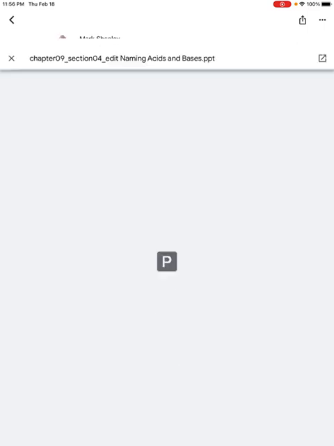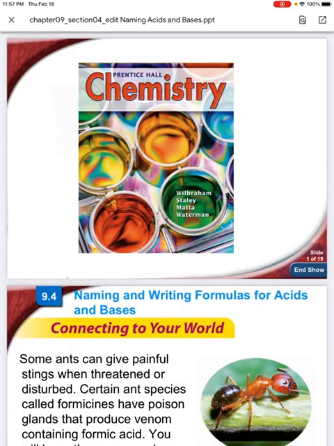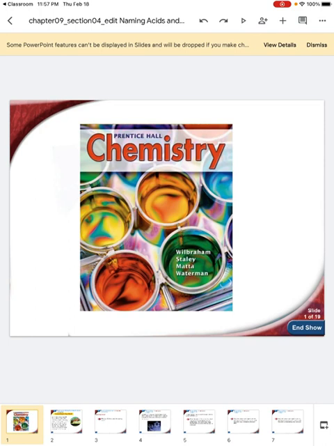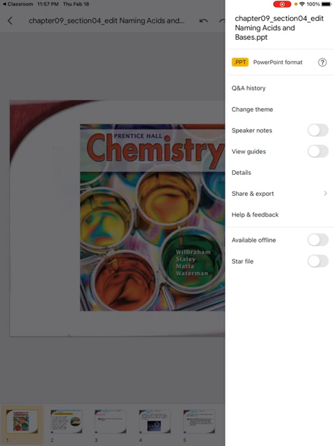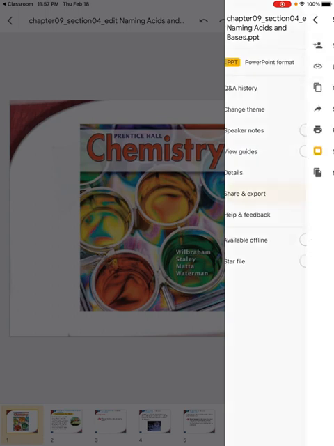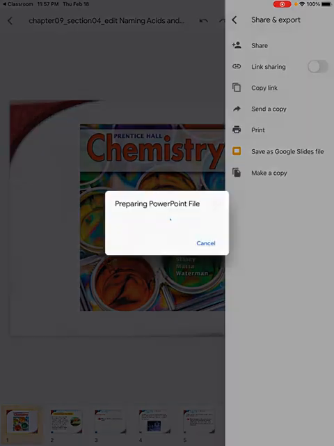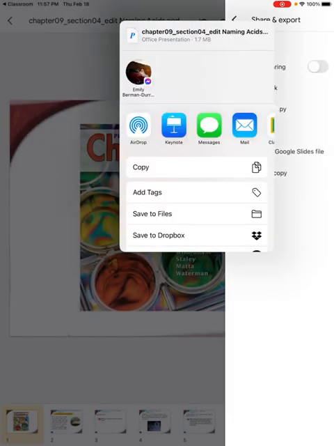Here is our topic for the day, and to get it into a usable format so that I can annotate and discuss it, what I do is open it and then go to open a copy and dismiss any warnings and go to share and export, which gives me another opportunity to send a copy. In this case, what I do is send a copy to my files. You can save it where you want.